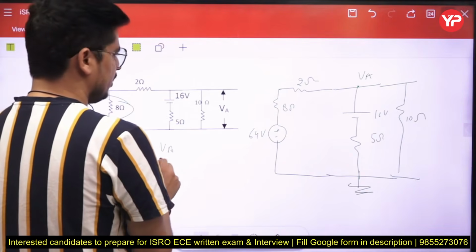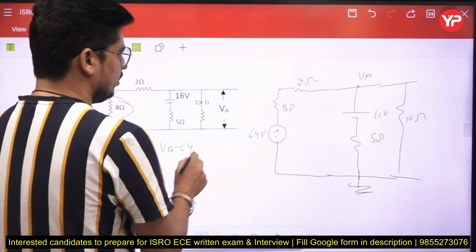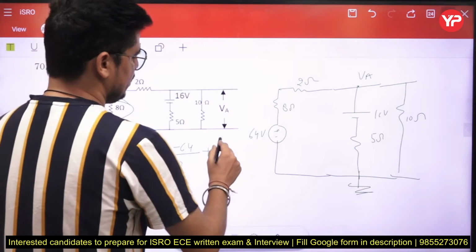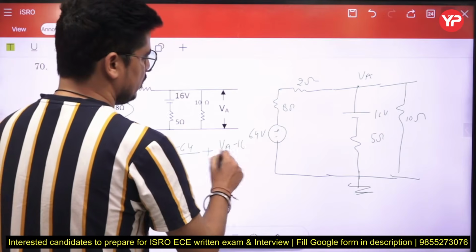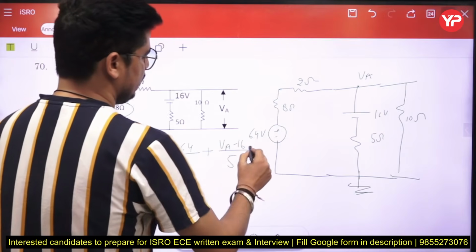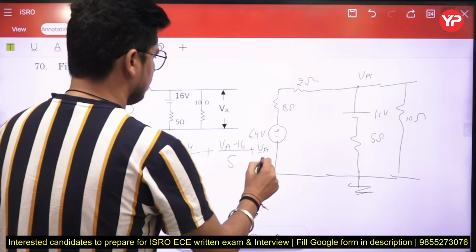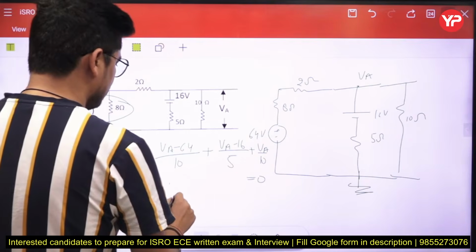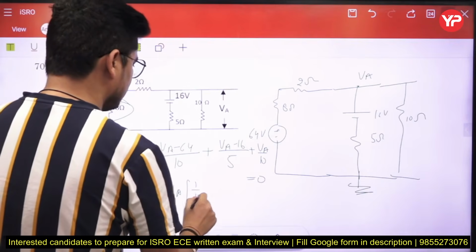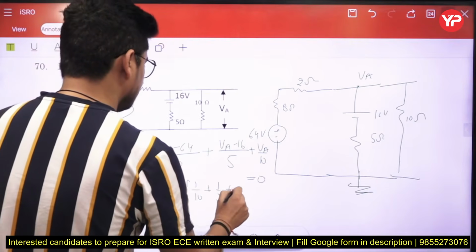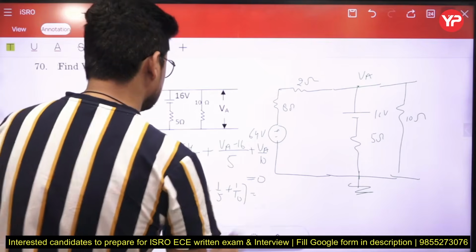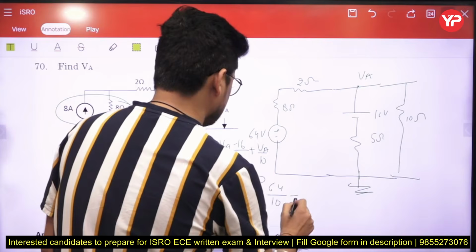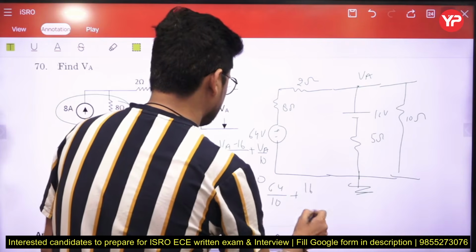That will be (VA minus 64) divided by 10, plus the second one (VA minus 16) divided by 5, then plus VA by 10 equals 0. Now you can solve for VA. So VA times (1 by 10 plus 1 by 5 plus 1 by 10) is equal to 64 by 10 plus 16 by 5.